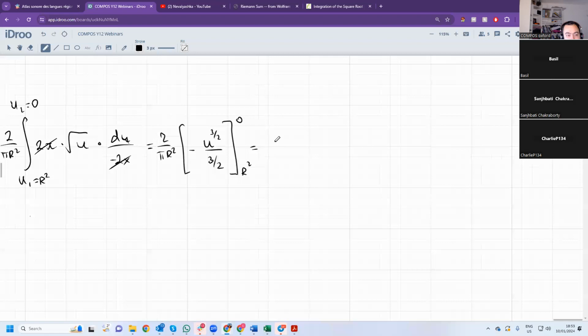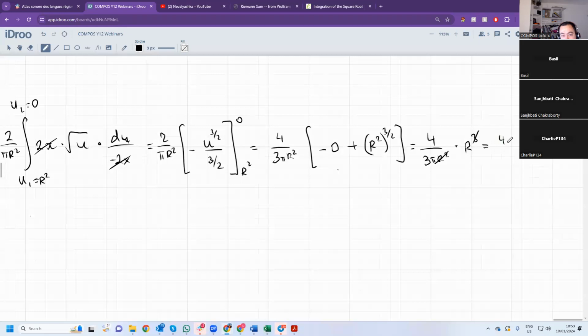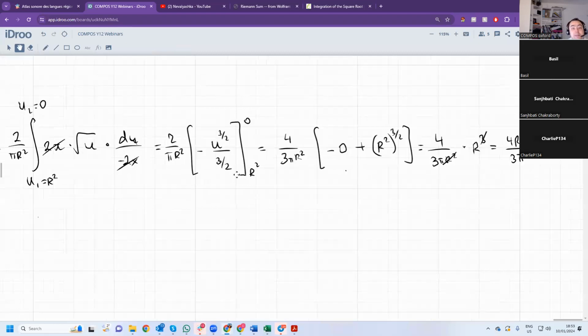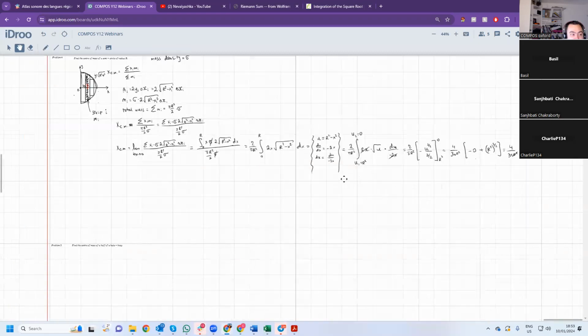So we take this out, so it's going to be 4 divided by 3 pi r squared, and then minus 0 plus r squared to the power 3 over 2, which is 4 divided by 3 pi r squared multiplied by r cubed. This cancels, and we get 4r divided by 3 pi. And this is the position of the center of mass.